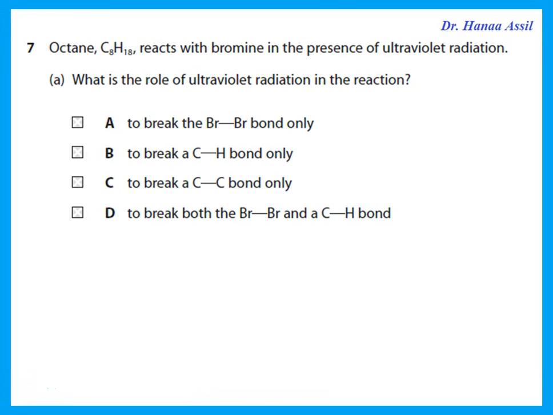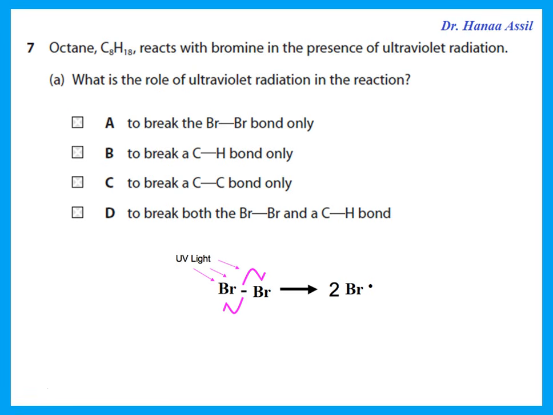Okay, octane reacts with bromine in the presence of UV radiation, or ultraviolet radiation. What is the role of the ultraviolet radiation? Remember, alkanes react with halogens in what kind of reaction? They react in a free radical substitution reaction. Now, what is the role of the UV light? The UV light takes part in the first step, which we call the initiation step.